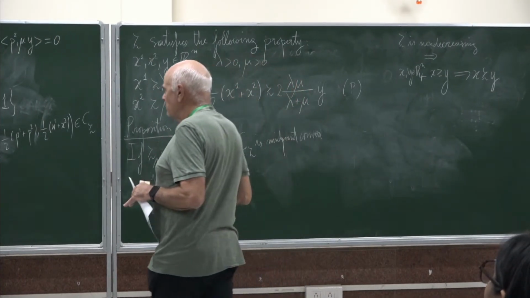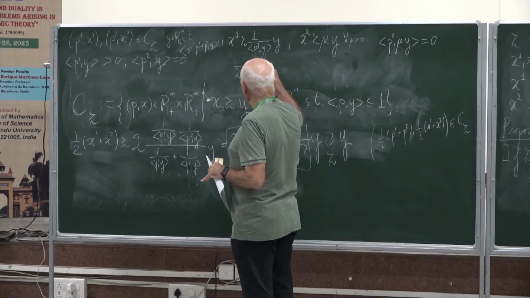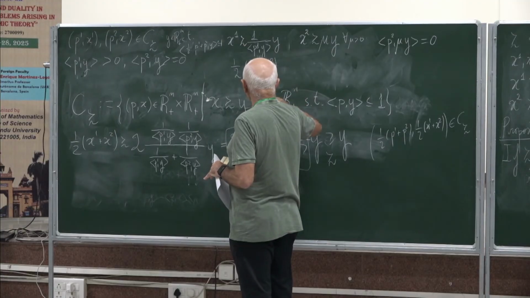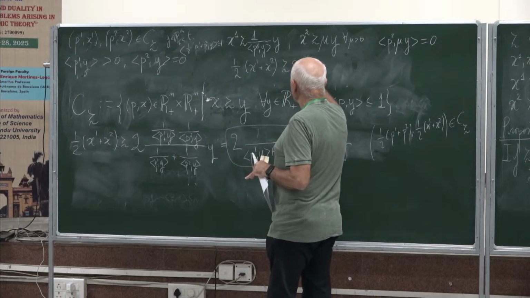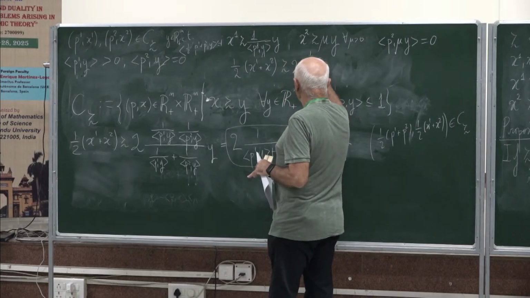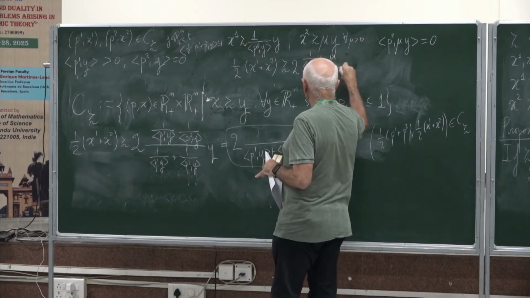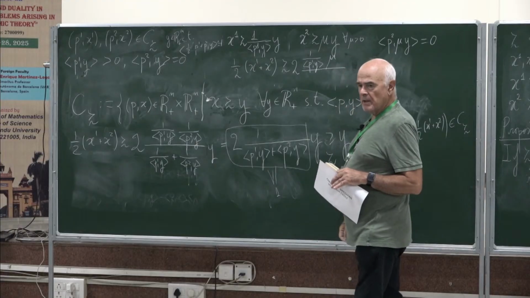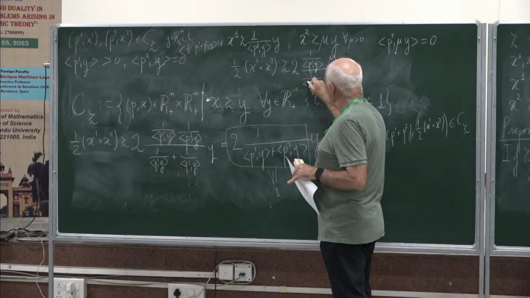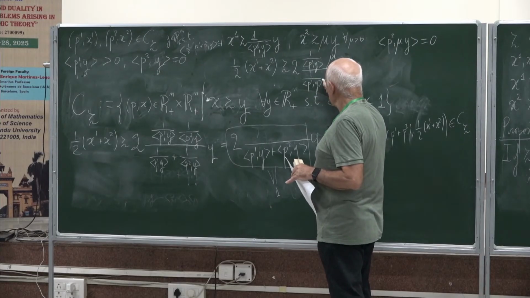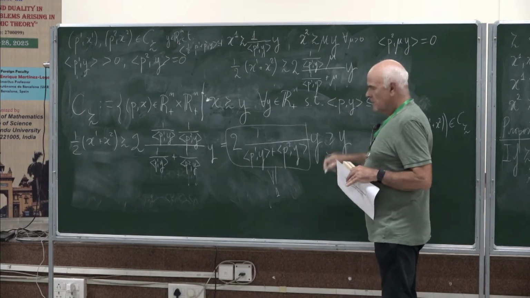So when we apply property P, we have 1/2 x1 plus x2 preferred to twice 1 over P1y times mu divided by 1 over P1y plus mu times y.